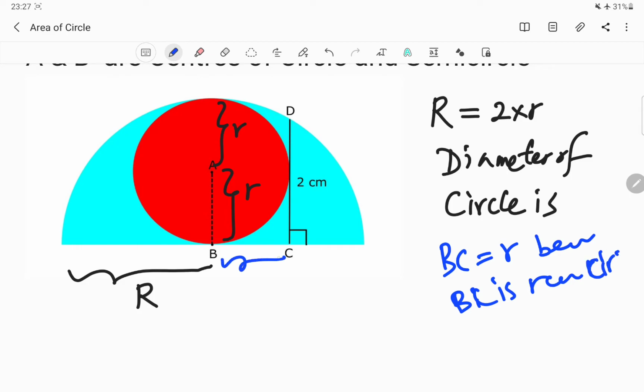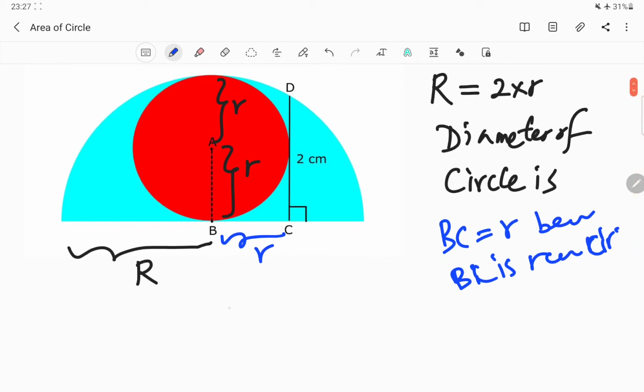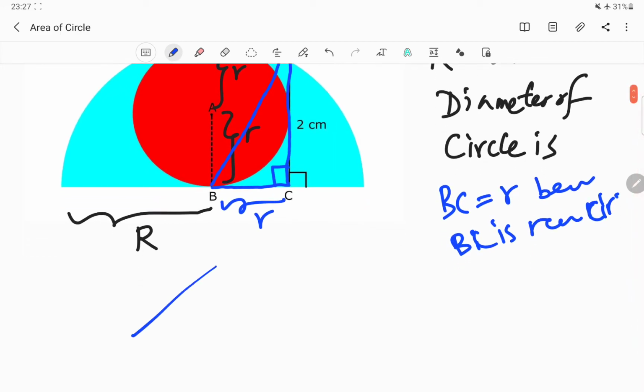So this is r. Now we can consider BCD a right angle triangle. So this is small r, this is 2, this is capital R. Now we can write the Pythagoras theorem for this triangle.